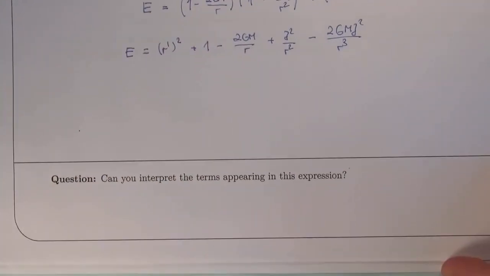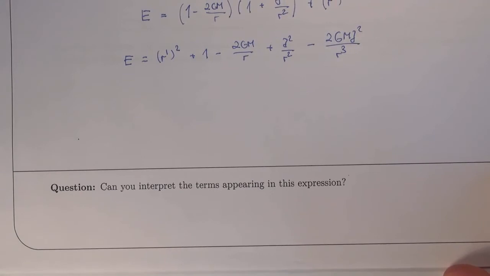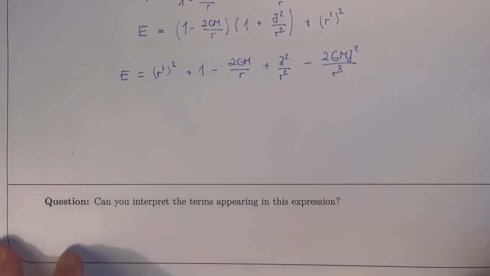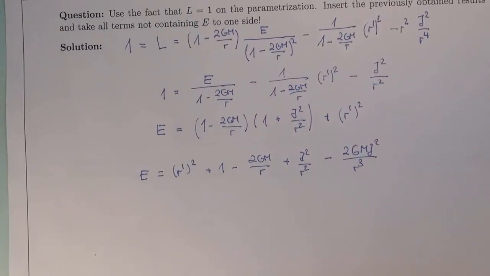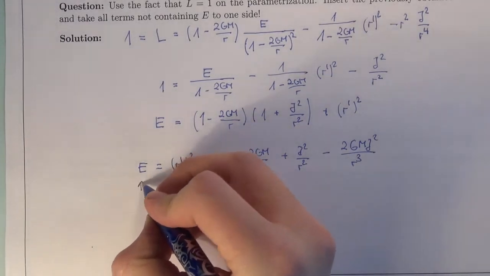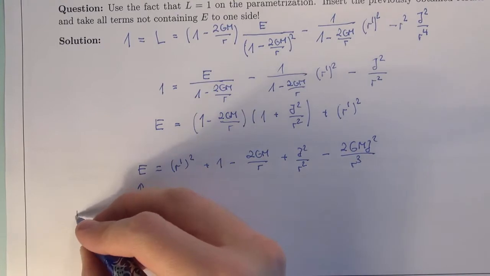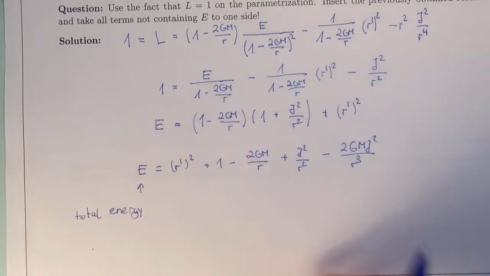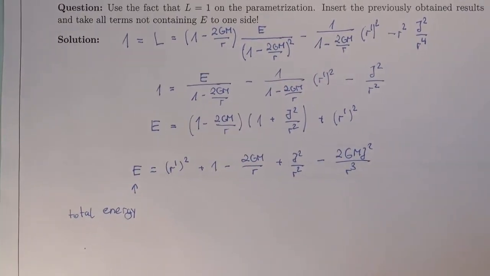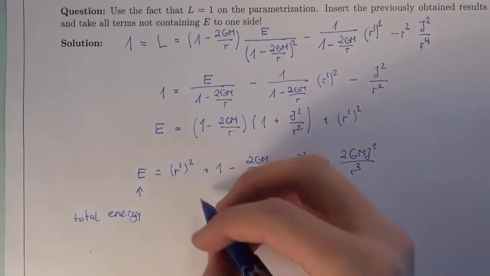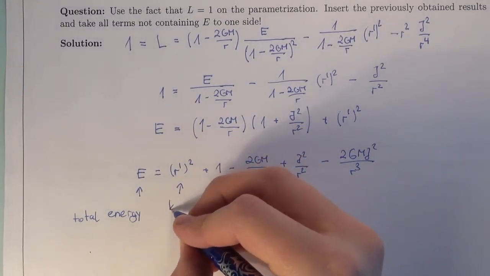And now the last question asks us to interpret the terms that appear in this expression. So on the left side, this is the total energy E. So we know that quite well. R prime squared, well, that is just some kind of kinetic term.